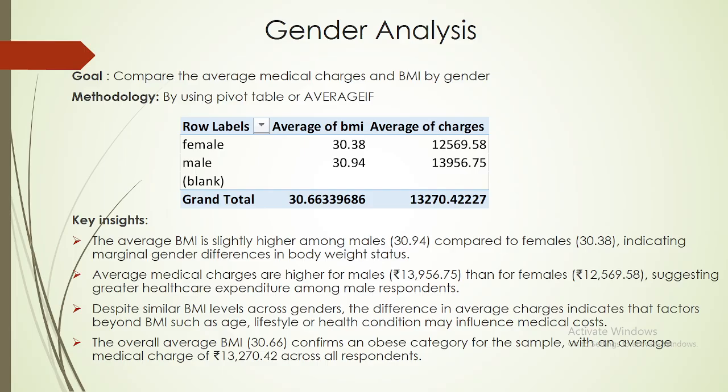Also, we can observe that there is no large difference between the BMI and the medical cost. It means the medical cost is not strongly influenced by gender. It's a weak predictor, we can say.